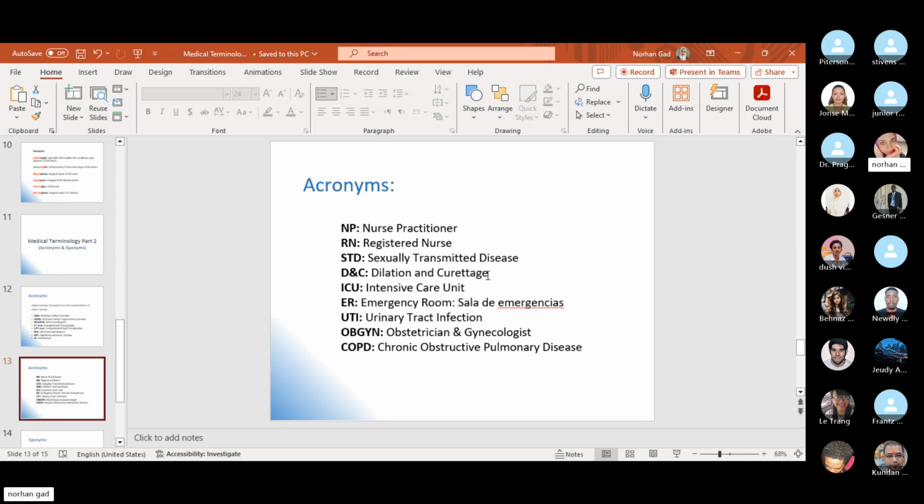If you don't have an equivalent for this in your language, you can just very briefly describe what is dilation and curettage. We're going to use a device to dilate, and curettage, we are going to clean what's inside or the remainings of the baby inside the belly. Very briefly, guys. There is no need to give a full description. That's in case you don't have an equivalent for that in your language.